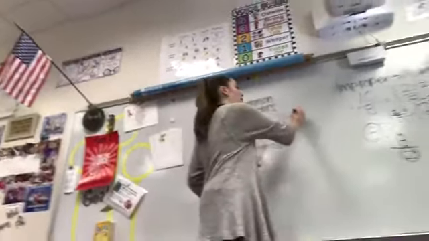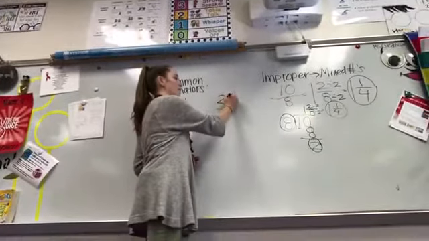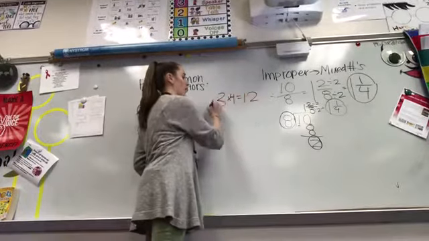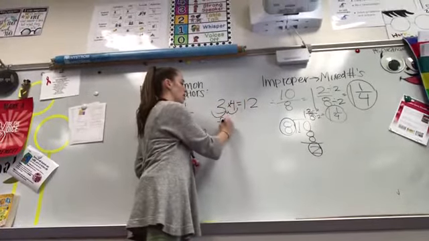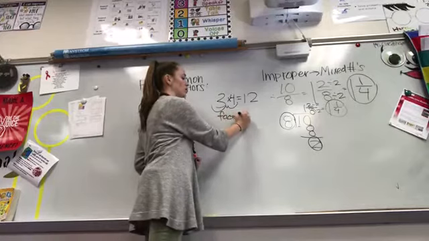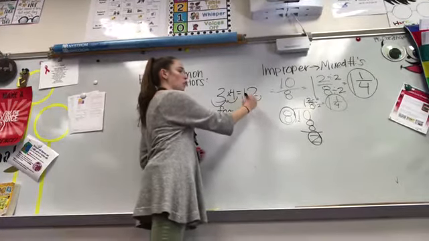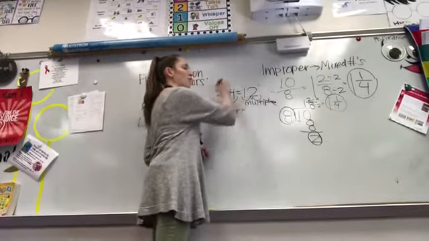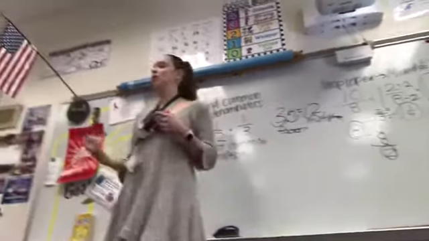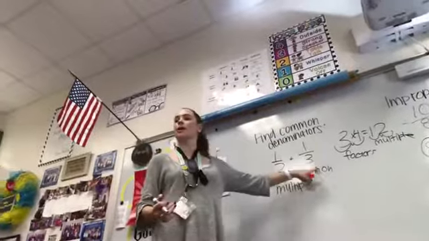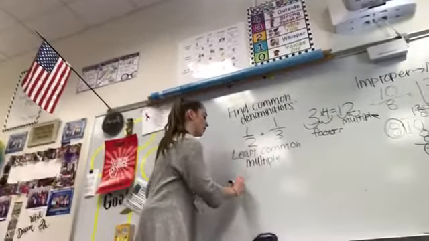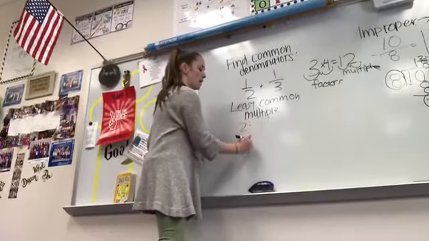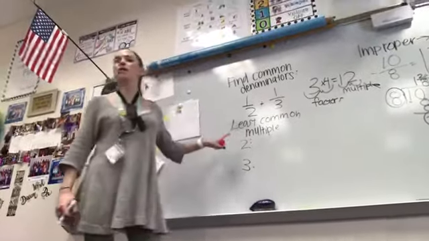In the problem 3 times 4 equals 12, 3 and 4 are considered factors of 12. 12 is considered a multiple of 3 and 4. So I want to take both my denominators, list out their multiples, and find a multiple they have in common.